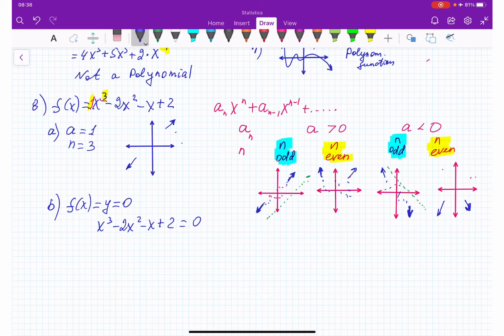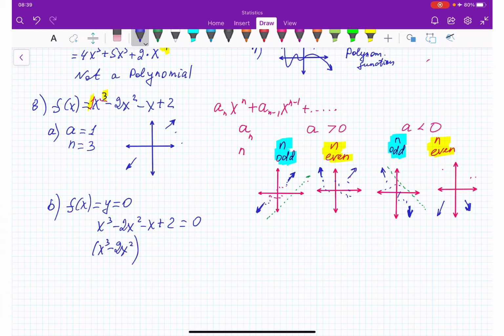Okay, we have 4 terms. To simplify four terms, we usually try the method of grouping first. If it were 3 terms, I would try to see if I can factor it. But now we are using the grouping method. So it's going to be x cubed minus 2x squared.